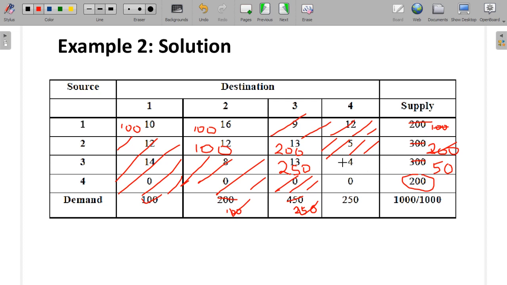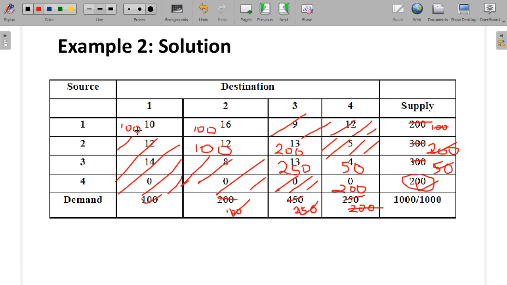The northwest one is this one, so we are going to have 50 here, which is the remaining amount, because the demand is 250. So we are done with this supply capacity, and we remain with 200 demand required, and the last dummy supply source has a quantity of 200. That means it can supply now here and balance the transportation problem. So we reach the supply capacity and we meet the demand required.